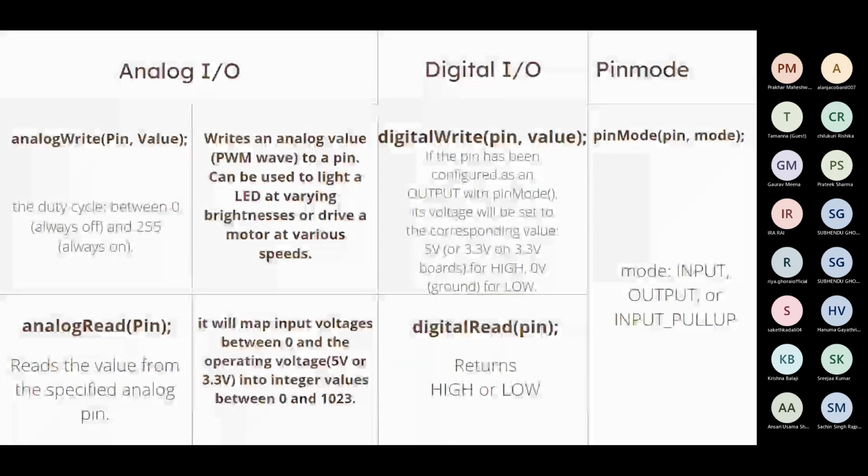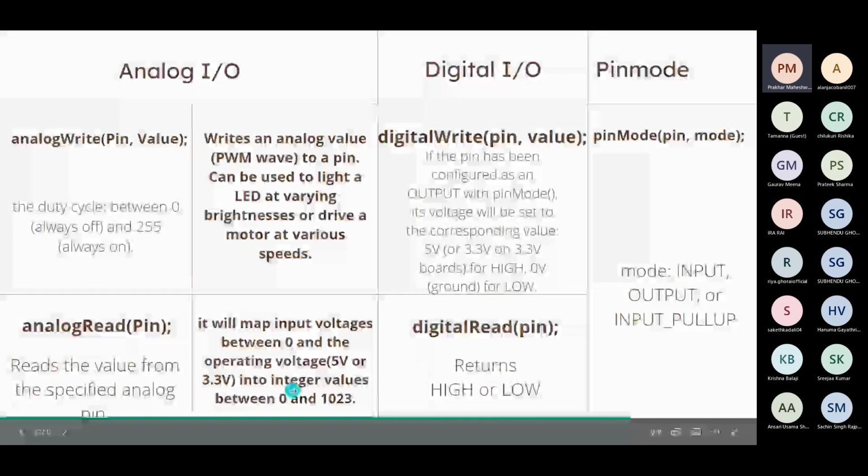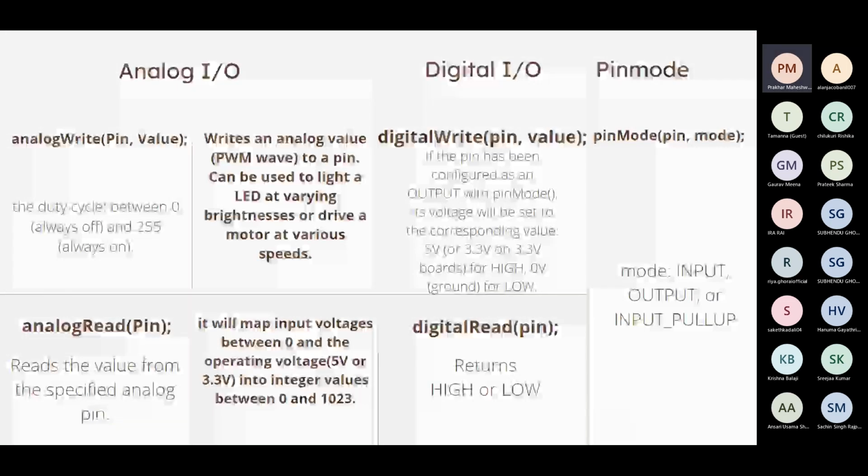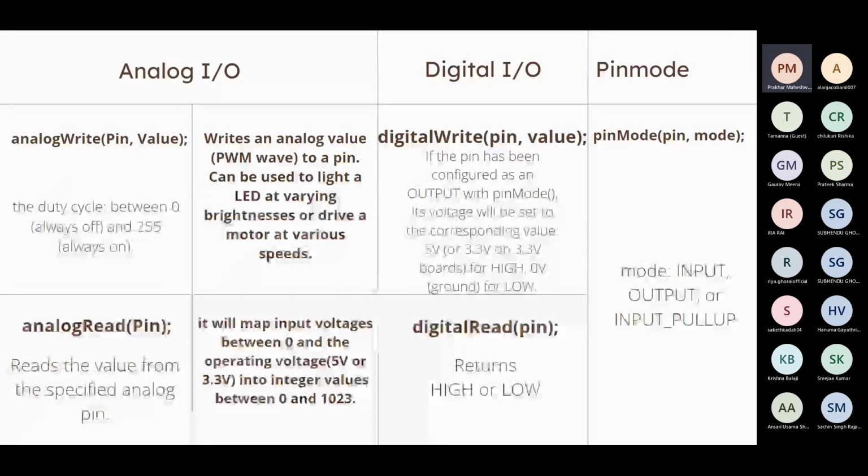So we give our analog output through this analogWrite. We define pin and then the value. And this value ranges from 0 to 255, and this 0 to 255 is being mapped to 0 to 5 volt.